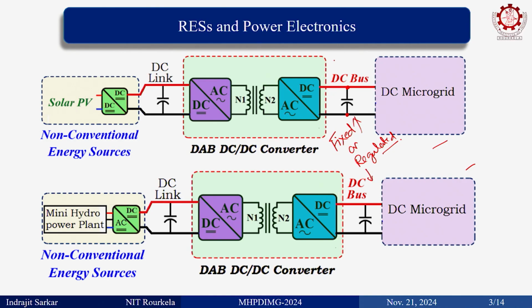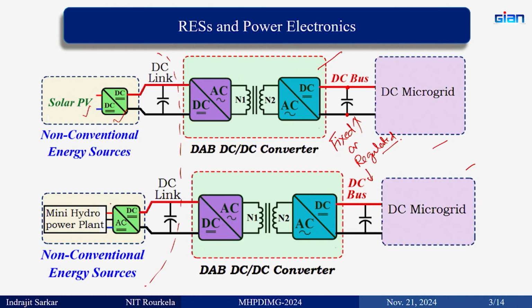Now, this part is on the grid side or load side. This side is the source side. So, whether it is solar PV or a hydro power plant, as I explained in the very first day, you have to extract power at MPP. Since solar output is DC, we are using a DC converter.